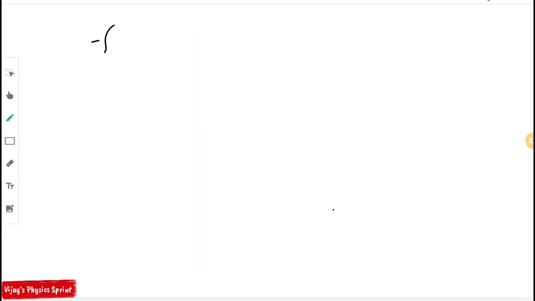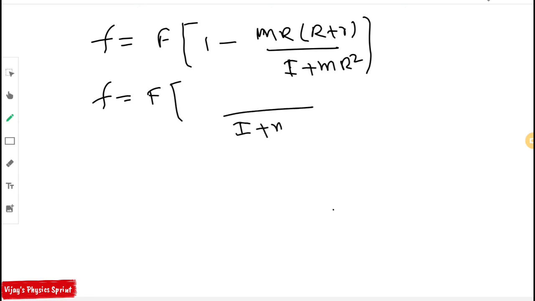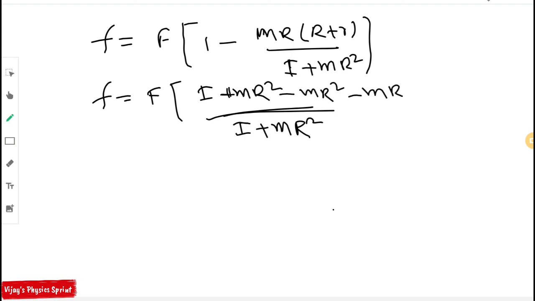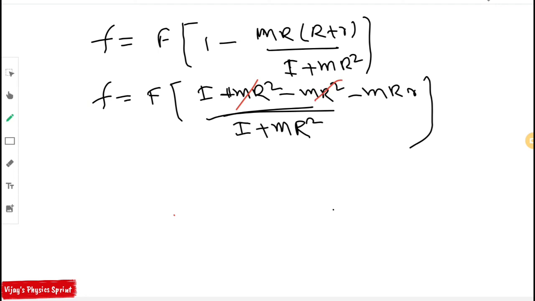the frictional force f is equal to F of 1 minus mR(R plus r) by I plus mR square. Now taking the LCM, that is I plus mR square, and expanding, minus mR square plus mR square cancels out.